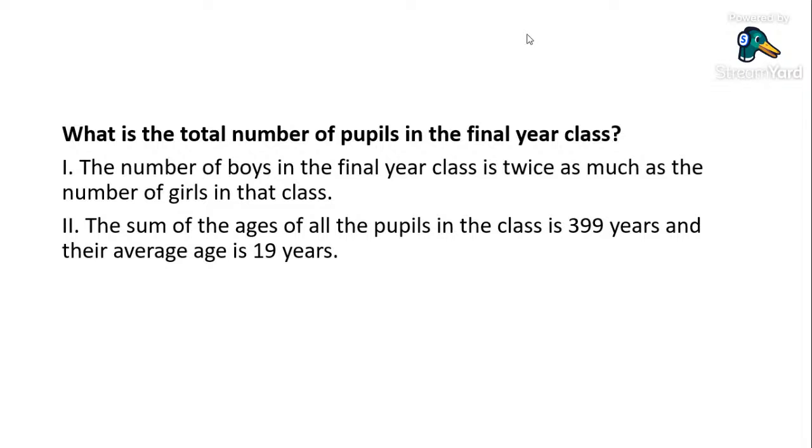What is the total number of pupils in the final year class? Statement 1 says the number of boys is twice that of girls. Statement 2 says the sum of ages of all the pupils is 319 and the average is 19.